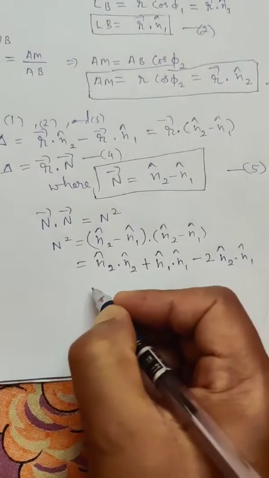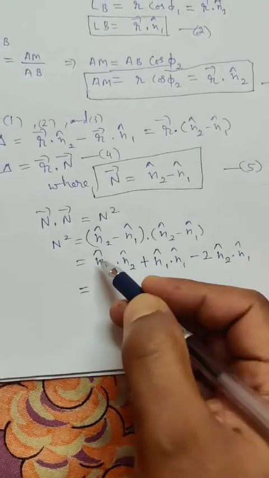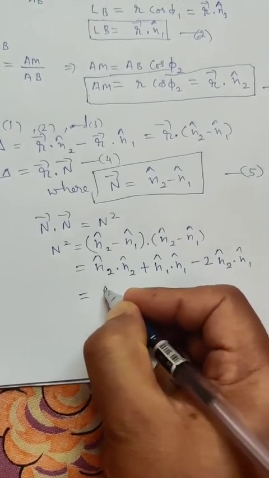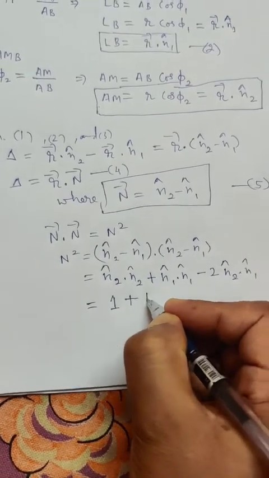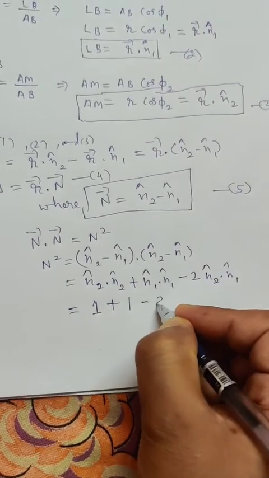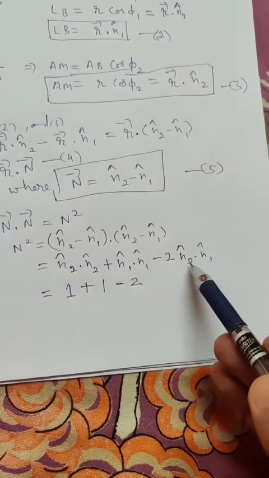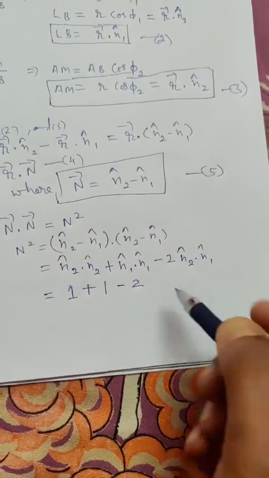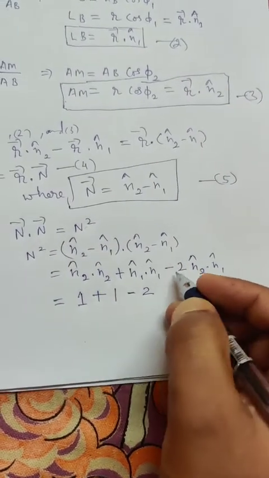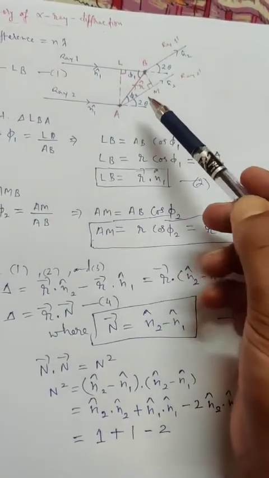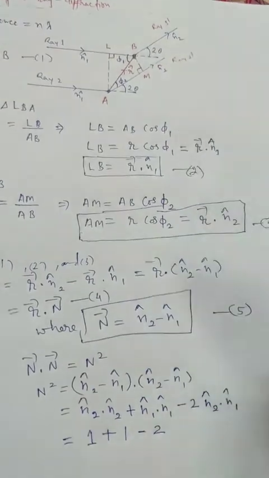Since n2 squared will be 1, because the magnitude of a unit vector is always 1, this also will be 1, minus 2 times the dot product. Their magnitudes are 1, and the angle between them, n1 and n2, is 2 theta.